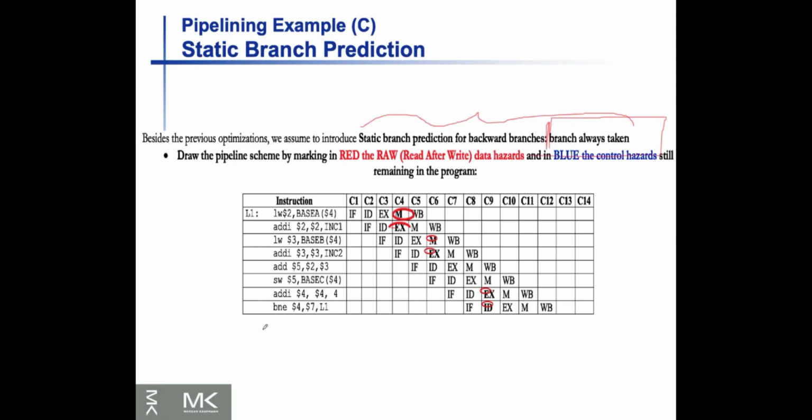So whenever we reach here, we know we don't care, we come back to L1, right? The outcome is always L1. That's why we kind of call it backward taken, right? So let's see if it does help us with the stalls or not, okay?